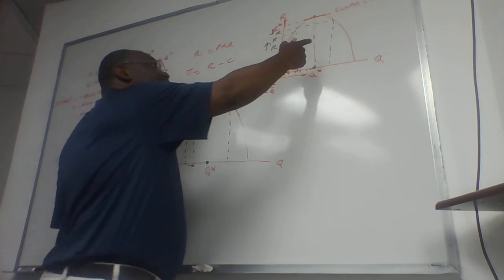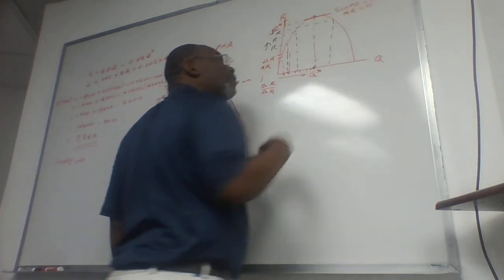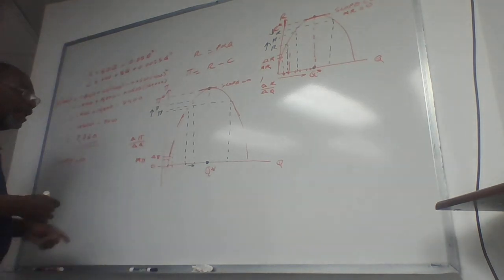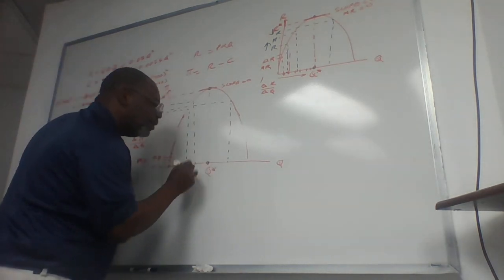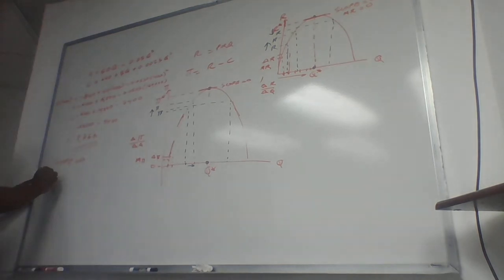This is where marginal revenue doesn't go up any further. It's equal to 0. Likewise, at this point, marginal profit doesn't go up any further. Our marginal profit is equal to 0. So two things we note.